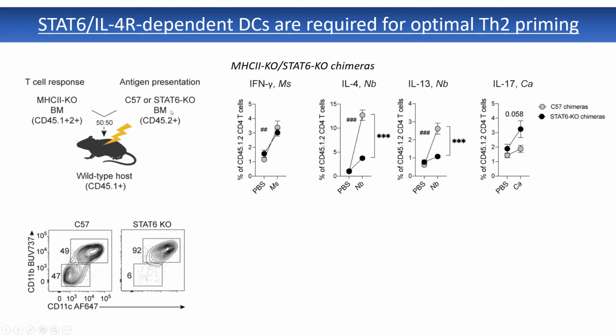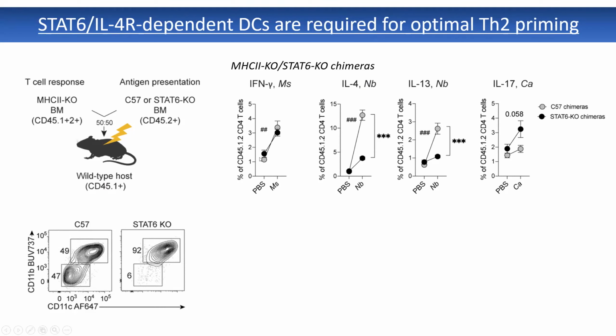We then immunized these chimeras with different antigens, which either drove a Th1 response in the case of Mycobacterium smegmatis, a Th2 response in the case of Nippostrongylus brasiliensis, or a Th17 response in response to Candida albicans.